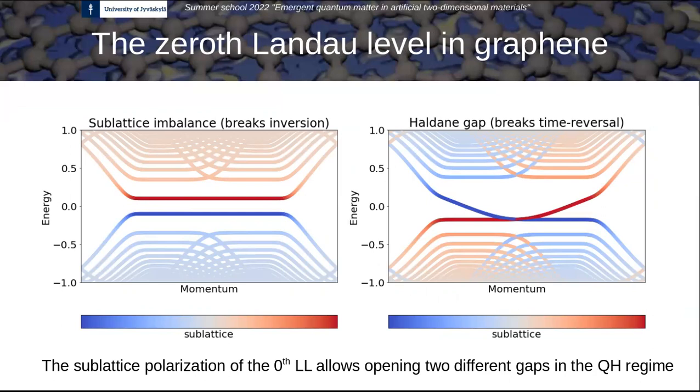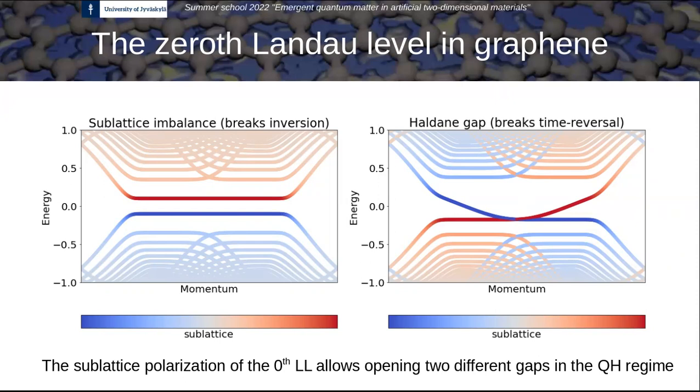So here we are taking again our graphene ribbon, and what I'm doing is putting by hand a symmetry breaking term that fills 2 of the Landau levels and leaves the other 2 Landau levels empty. And in one of the cases, I am allowing for a breaking of inversion symmetry, namely that all the electrons go to one sublattice and the other sublattice is empty.